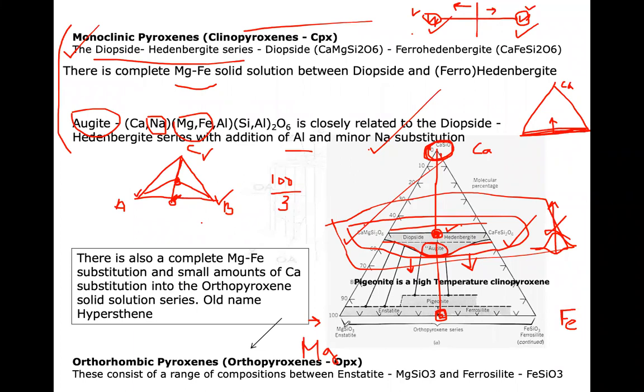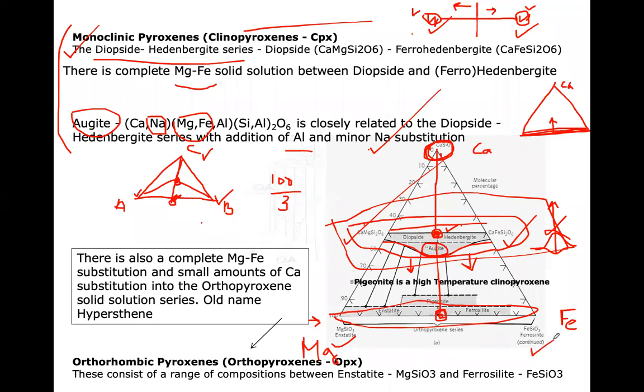So you can see that composition shown here, this particular series. In that pyroxene series, we have one end member as enstatite, the magnesium-rich end member, and the iron-rich end member as ferrosilite.